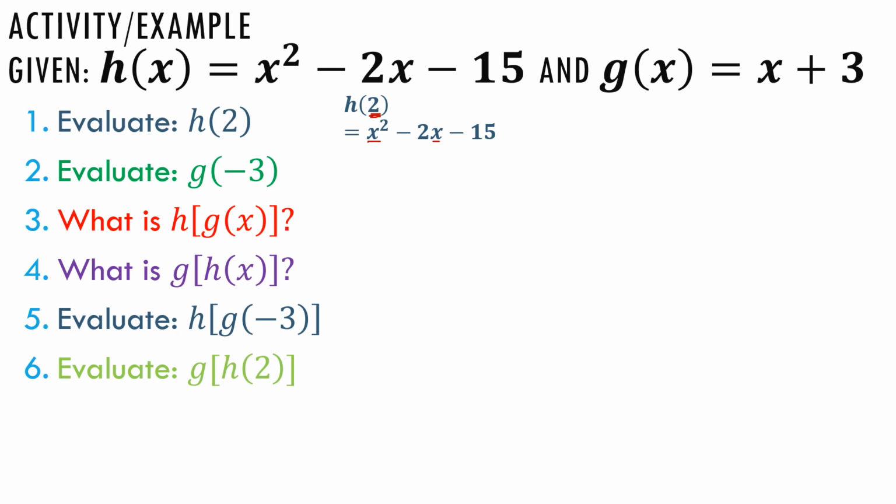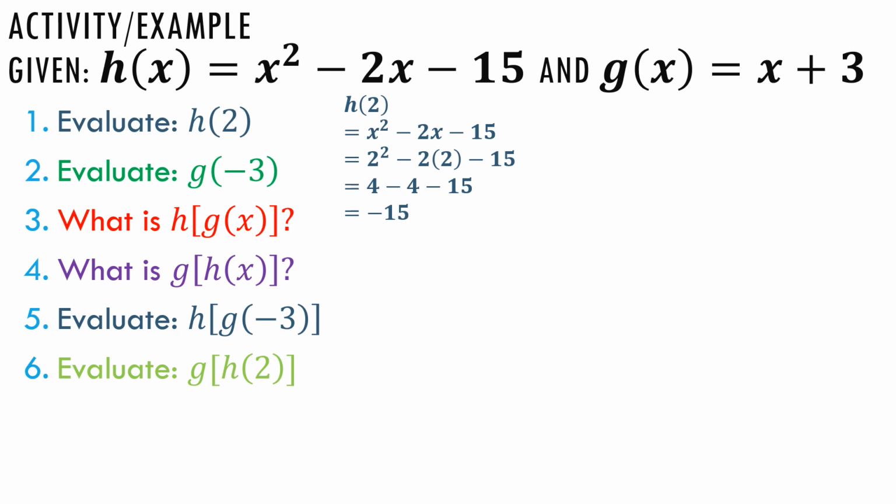Let's substitute 2. This will become 2 squared minus 2 times 2 minus 15. Let's simplify. We have 4 minus 4 minus 15. Final answer is negative 15. So h of 2 is equal to negative 15.